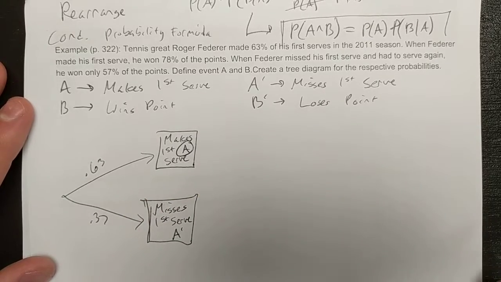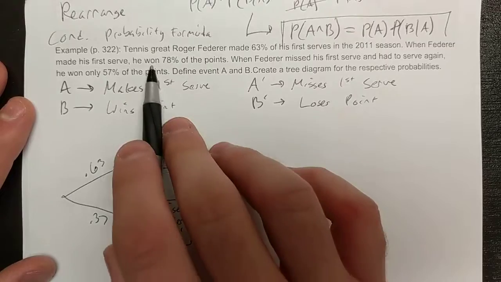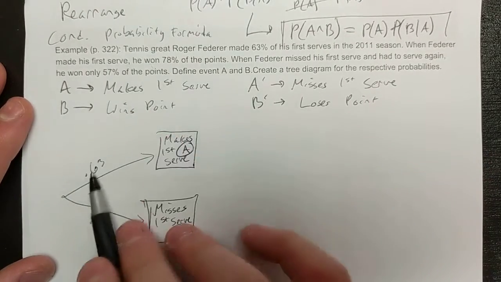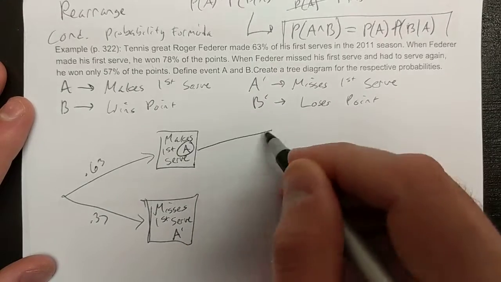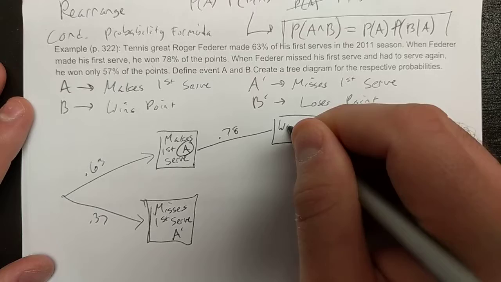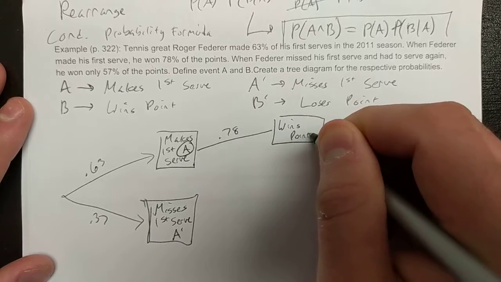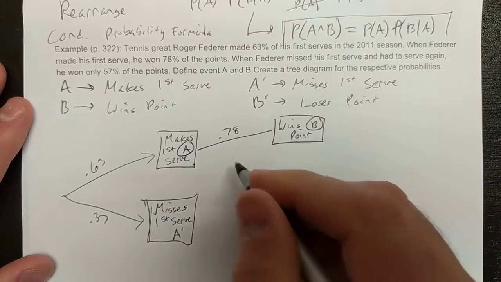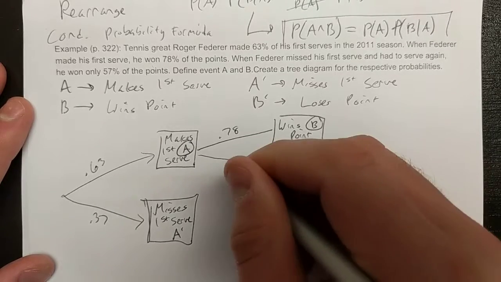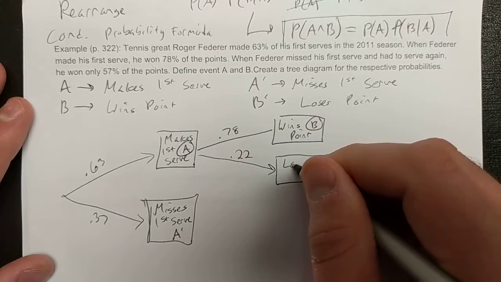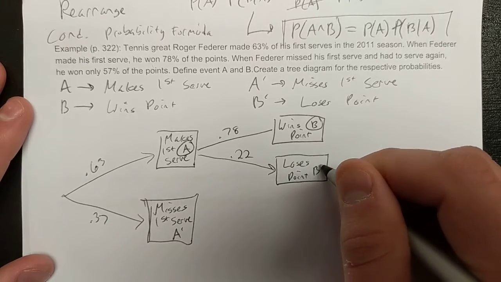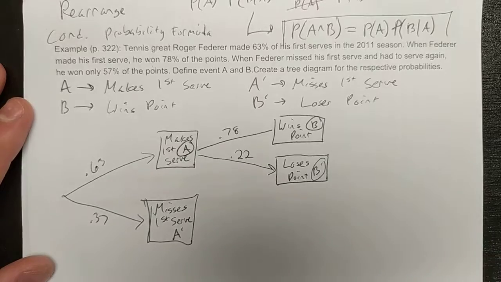Now from there we have respective probabilities. They give us that when Federer made his first serve, he won 78% of the points. That's this branch here. So 78%, he wins the point. That's B. And that means that 22% of the time, or 0.22, he loses the point after making the first serve.